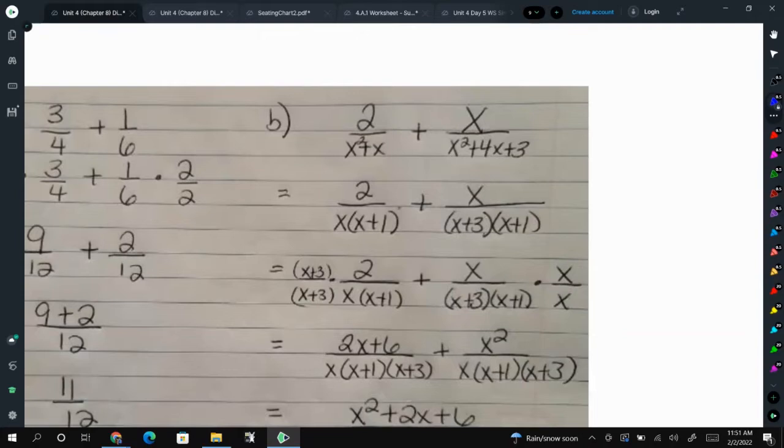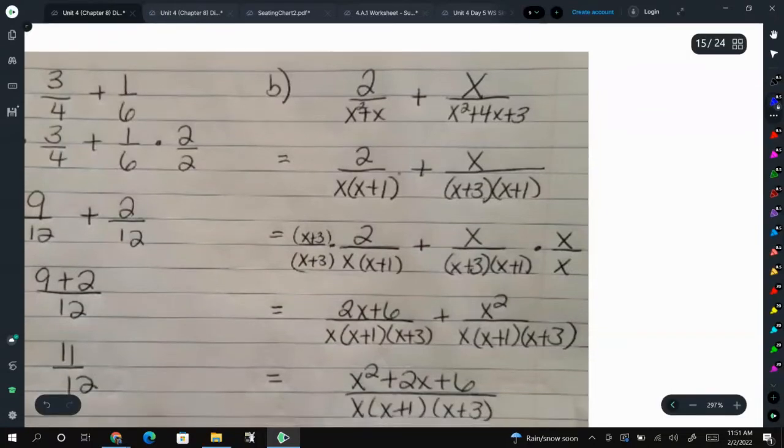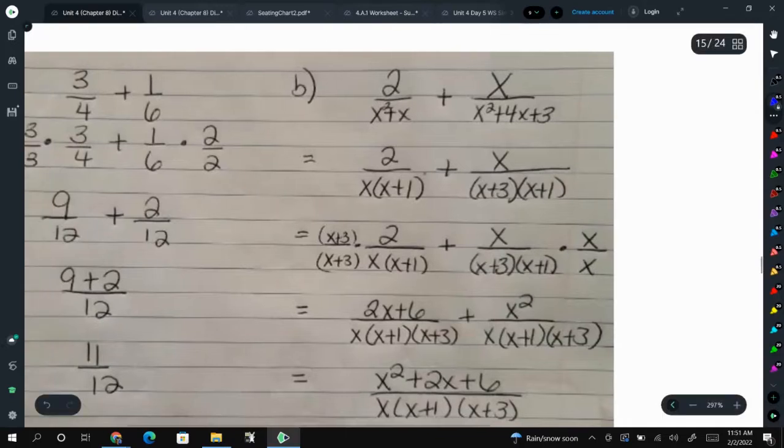first we factored everything that we could, because once you factor things, you can easily see how we can get the least common denominator. So once everything is factored, we see that the left fraction is missing an x plus 3 that the right fraction has.